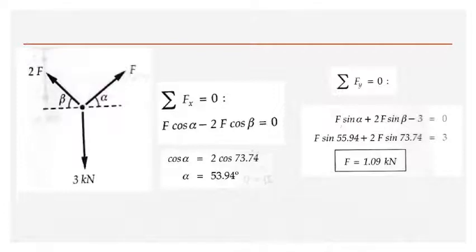Go for conditions of equilibrium only. Even if only three forces are acting, if the angle is unknown, go for conditions of equilibrium, not Lami's theorem. You can try it out by Lami's theorem and see which one is easier. Definitely it is the conditions of equilibrium.